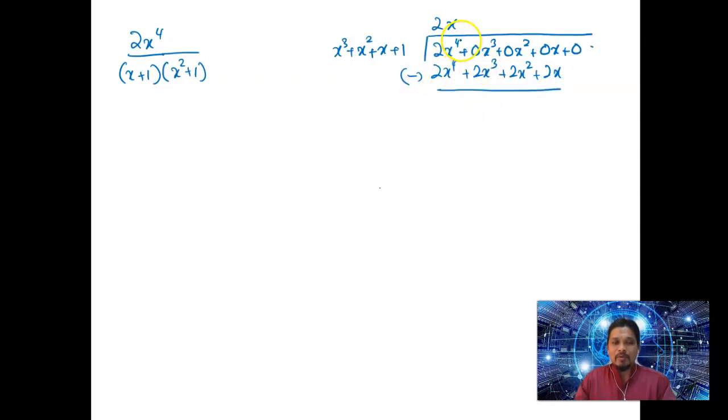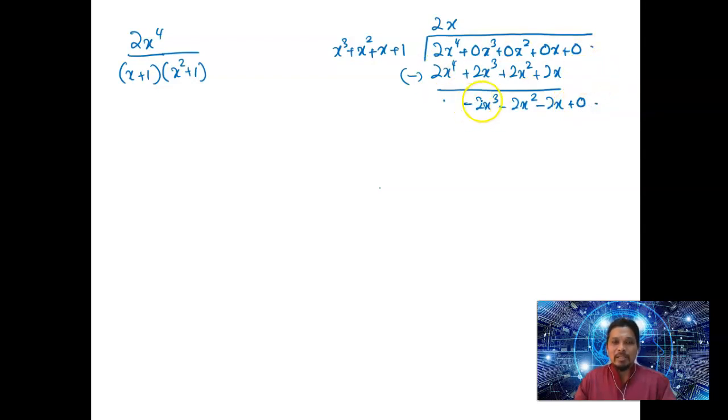Okay, so 2x to the power 4 minus 2x to the power 4 is clear. 0 minus 2 is negative 2x cubed. 0 minus 2 is minus 2x squared. 0 minus 2 is minus 2x, and bring down 0 here, right?